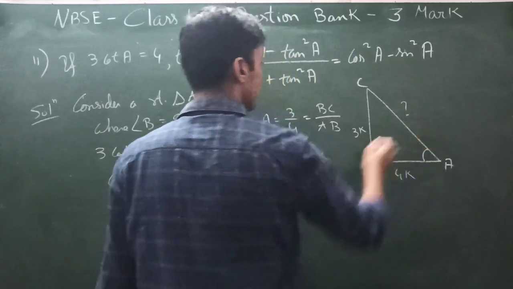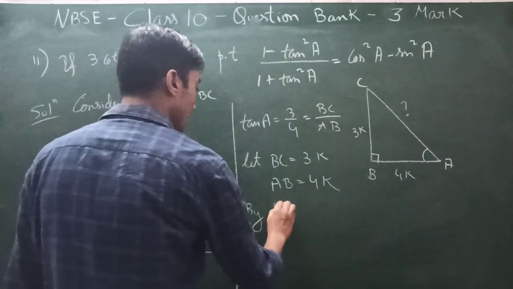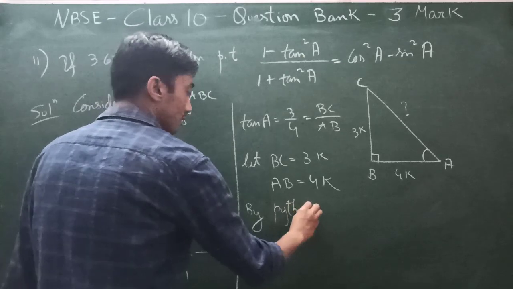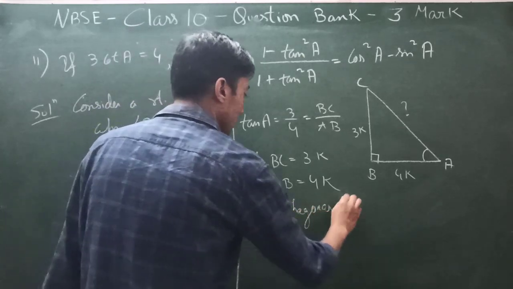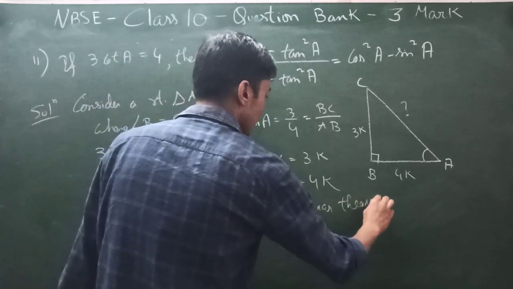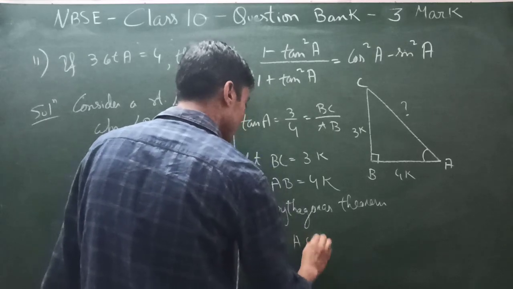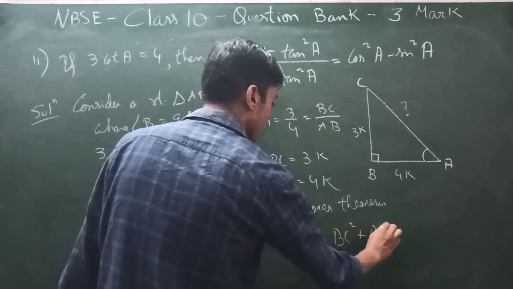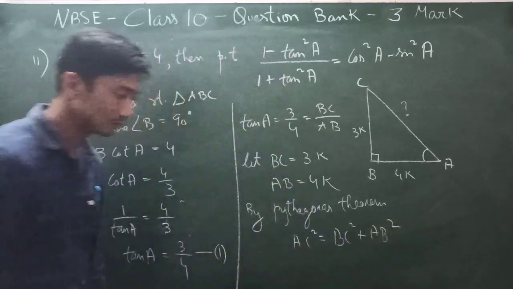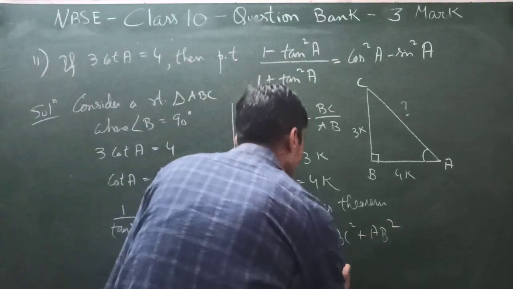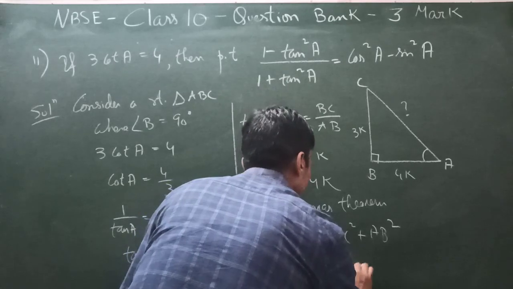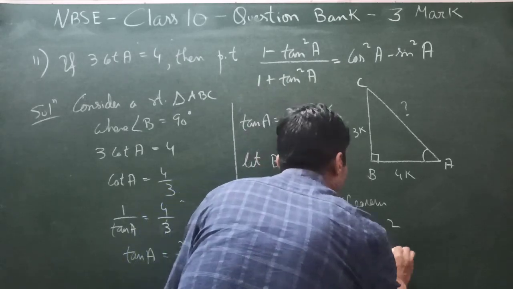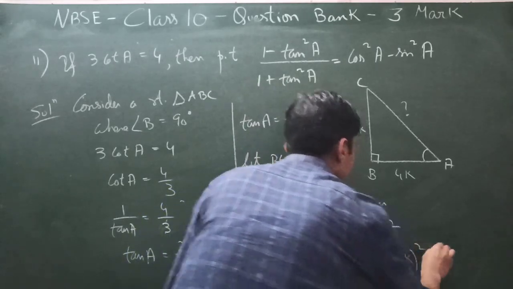So BC we will assume 3k, AB we will assume 4k. We're using Pythagoras Theorem to find out AC. What we know is square of hypotenuse is equal to sum of squares of the other two sides. So that is BC, 3k square, AB is 4k square.